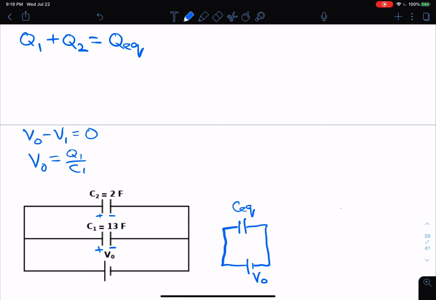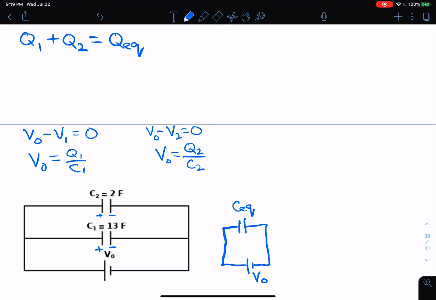Then I'm going to do the same thing for the outer loop here. I'm going to have V naught minus V2 equals 0, and V naught's going to end up equaling Q2 over C2. And we'll do it down here for the equivalent circuit. We're just going to have V naught minus VEQ equals 0. So V naught equals QEQ over CEQ.